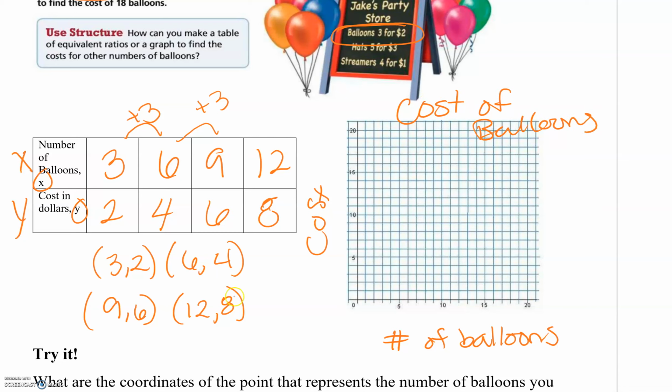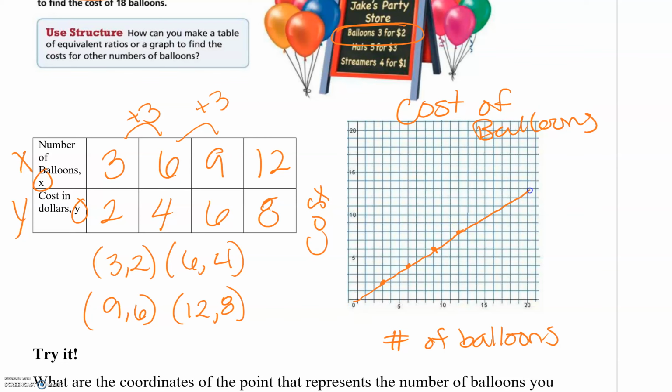All right, so I have 3, so 1, 2, 3. Plotting my points on here as best I can, seeing if my pen will work the right way. And we have a nice straight line.